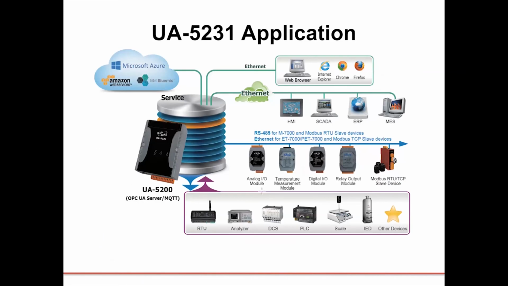Okay, moving on to some application examples. This is the diagram that I showed you before for the UA5231. The UA5231 is our IIoT server/controller. It can help to fulfill the integration of a wide range of physical or virtualized functionalities. The UA5231 is a versatile intermediary control system. At the lower end, it can integrate sensors, on site devices, and IoT applications.